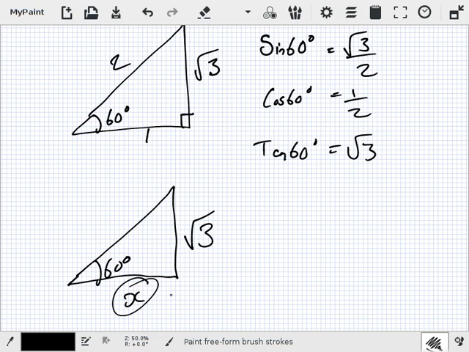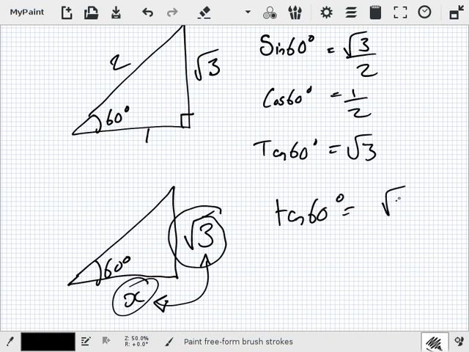No, because you only have one side that you know. But if you look at it, you are looking at a way to relate the opposite and the adjacent. And one such way is tan. So you can say that tan 60 degrees should equal root 3 over x. But your calculator knows what tan 60 is. So you can say x is root 3 over tan 60. And that will give you an answer of 1.